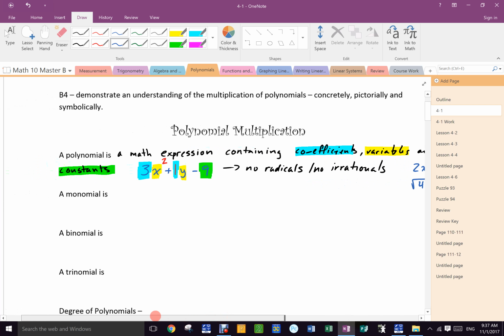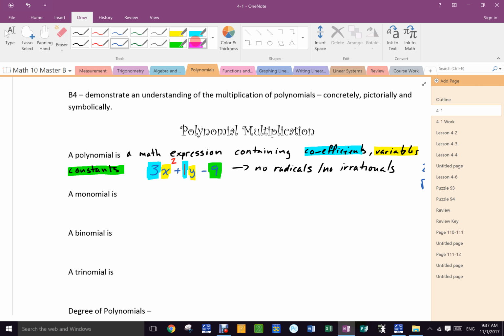So let's move on a little. There's 3 polynomials that get special names. Monomial, binomial, trinomial, which again you should remember from the 9th grade.